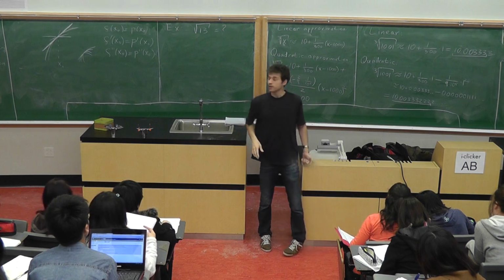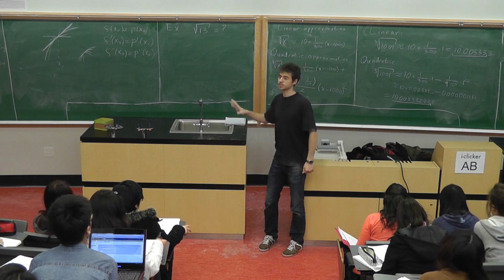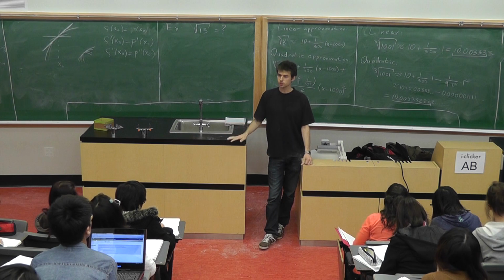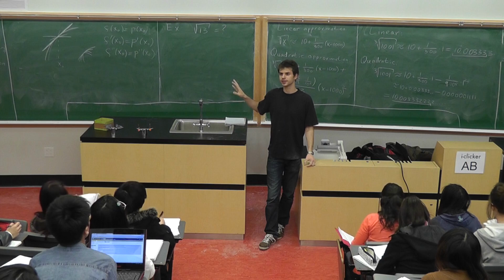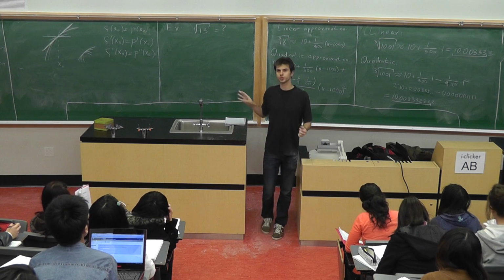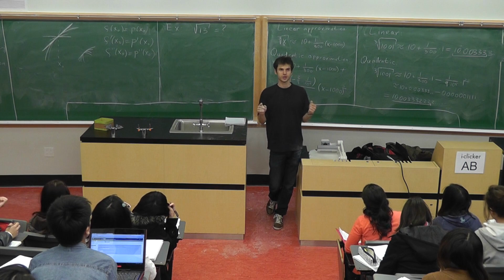Last time we argued that the square root of 13 is hard to compute. What was easy to compute is either the square root of 16 or the square root of 9. Which one do we choose as our x naught, 9 or 16? Either is fine.